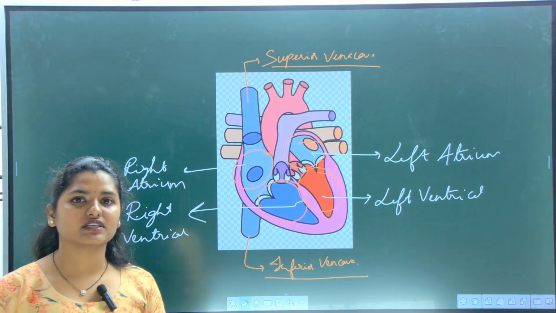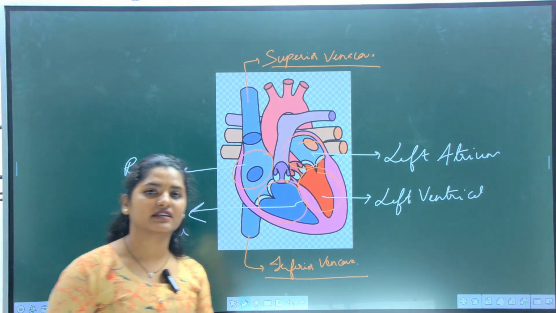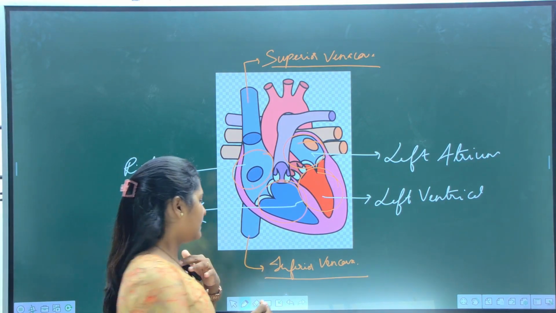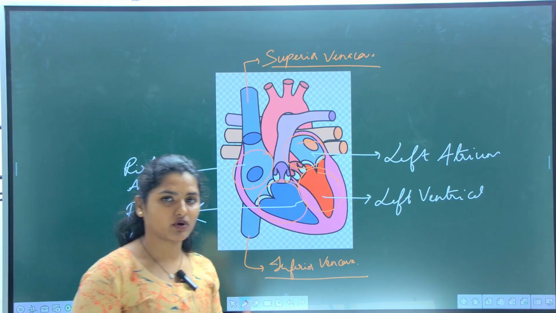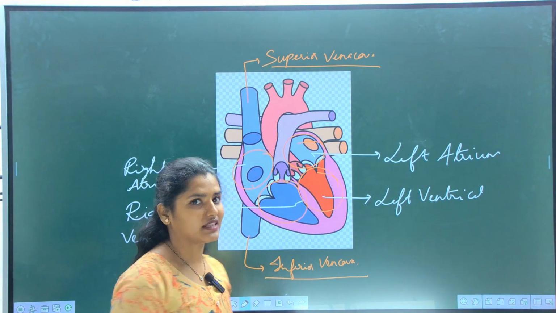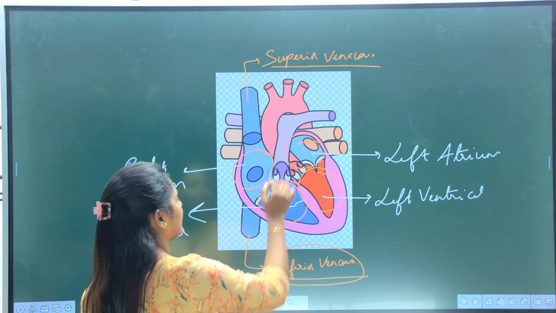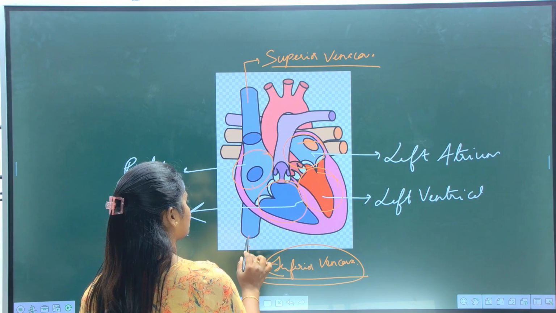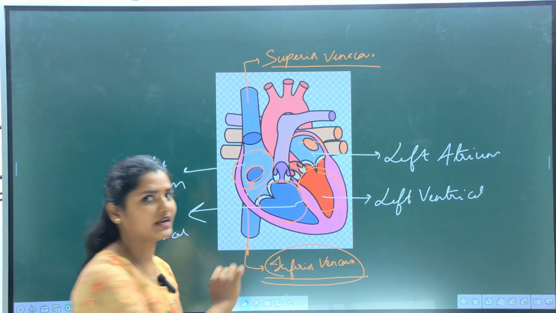The superior vena cava brings deoxygenated blood from the upper part of the body, that is the head and arms. The inferior vena cava brings blood from the bottom of our body, that is the legs, pelvis, and abdomen.